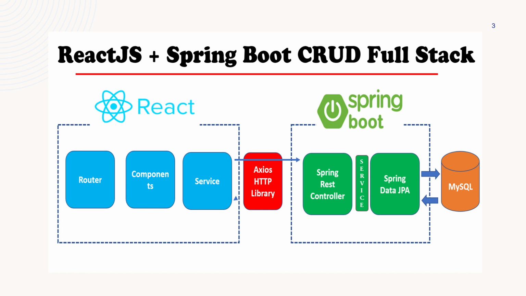We'll have a controller plus a model, which will use the model. Next we have the service layer in the middle. Then you have Spring Data JPA. This is the repository that will connect to the database. So we create layers for that.